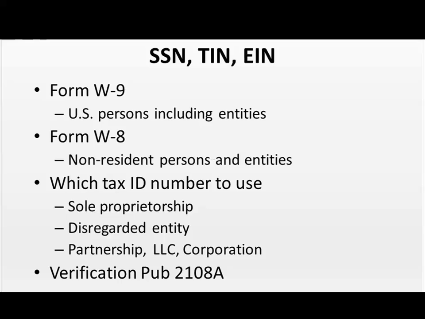And so it's going to be the individual owner's Social Security number or employer identification number, or if the owner is a corporation or partnership, it'll use that entity's name and tax ID number for reporting purposes. I think I just addressed that.